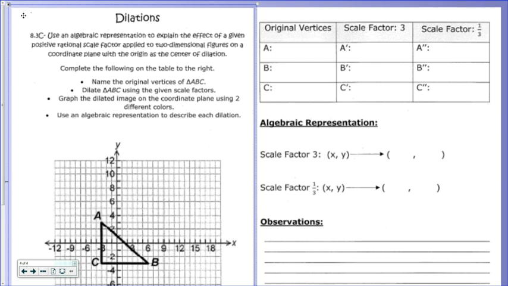Our first step, name the original vertices of triangle ABC. So if we're looking down here on our graph, we're looking at triangle ABC. When you graph it, you need to know what your ordered pairs are. So we're going to look at what are my x and y values for my original image.